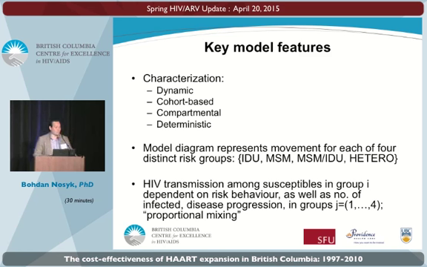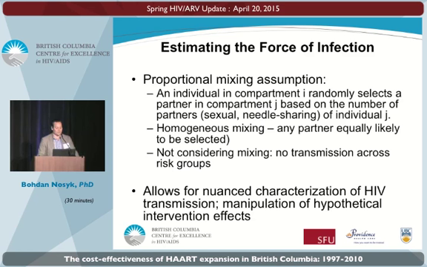When it comes to HIV transmission, we assumed a proportional mixing between groups. To differentiate this, had we assumed homogeneous mixing, then any partner would have been equally likely to infect another in any group. If there was no consideration of mixing, there would be no transmission across risk groups. But we know that doesn't happen. Proportional mixing allows for transmission between the risk groups proportional to how often they contact one another.